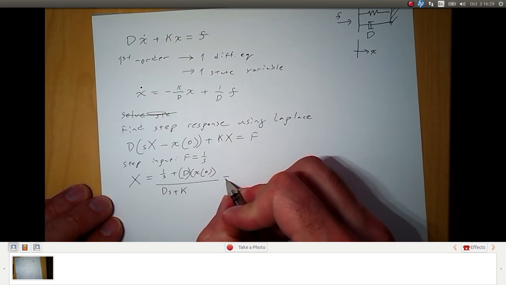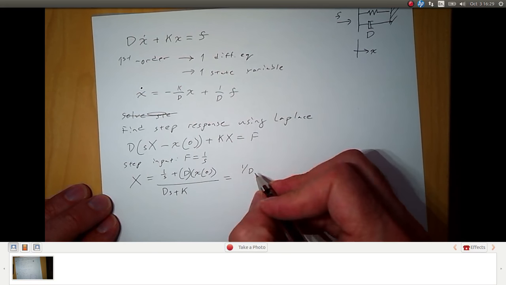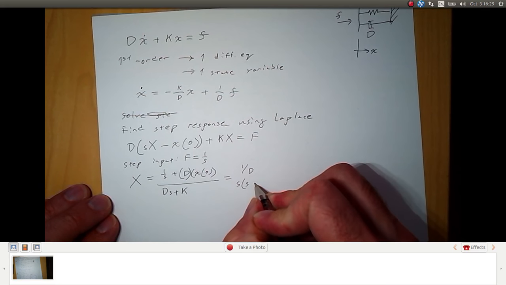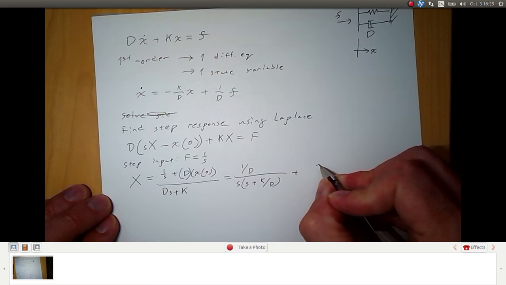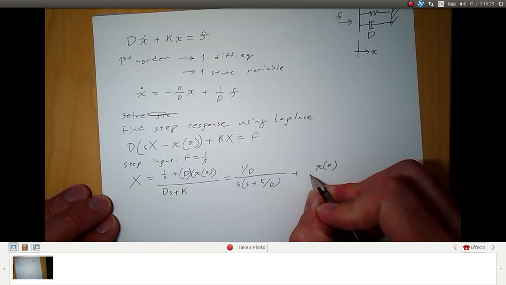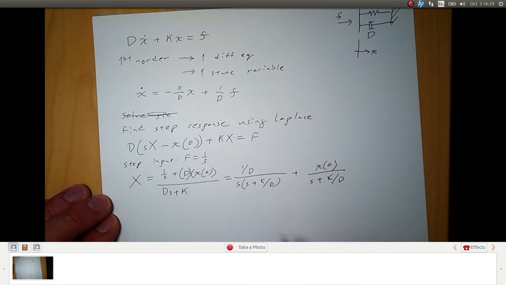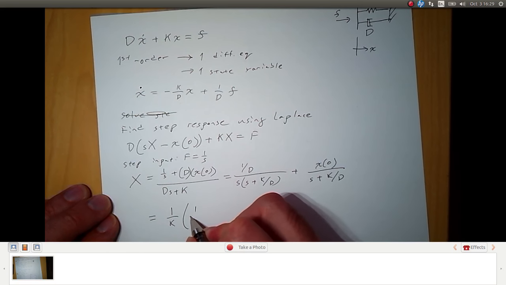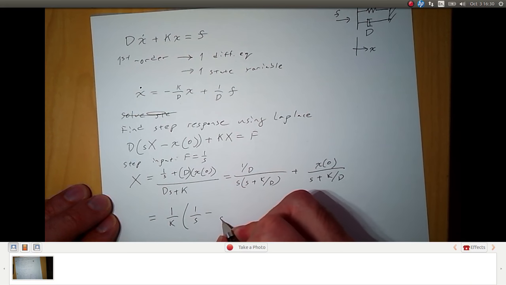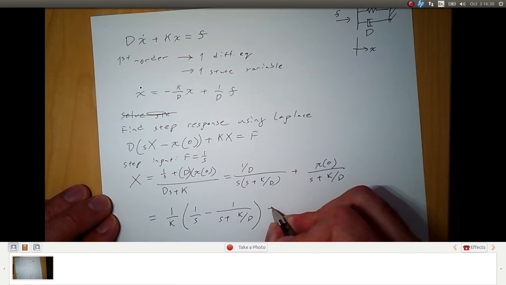Now let's rearrange this in the form that we can use the Laplace transform tables for, and we will apply partial fraction expansion to the first quotient to get this expression for X, the Laplace transform of x.